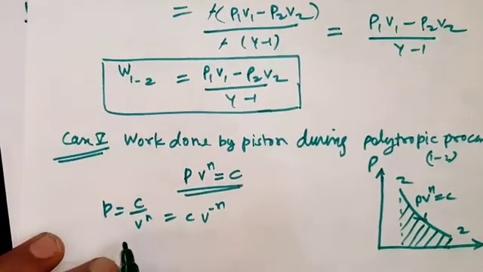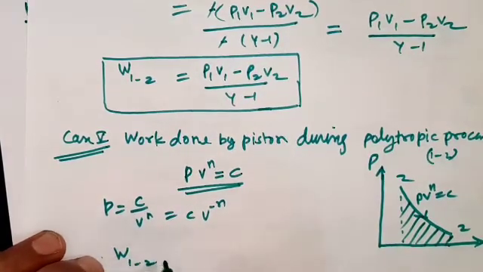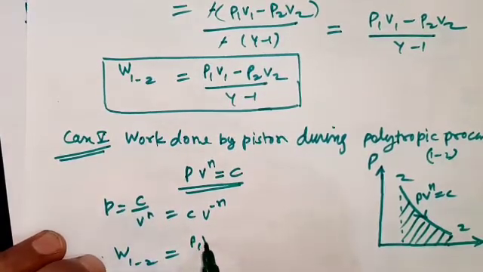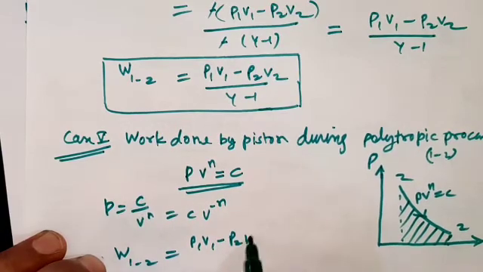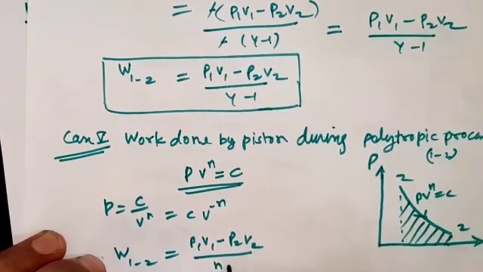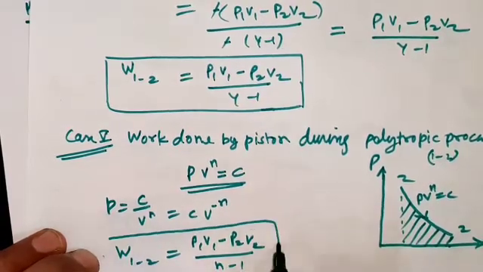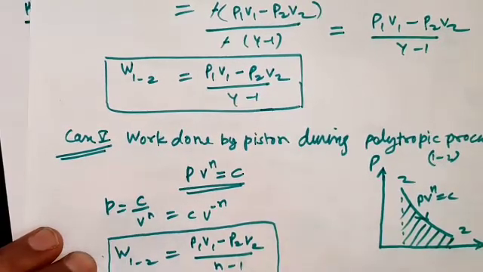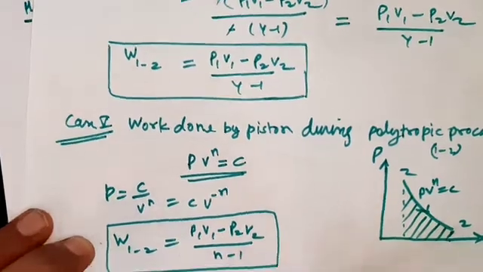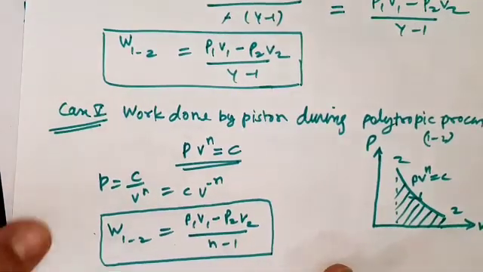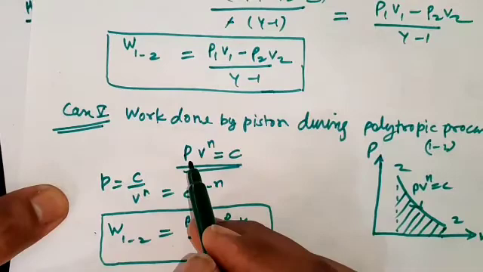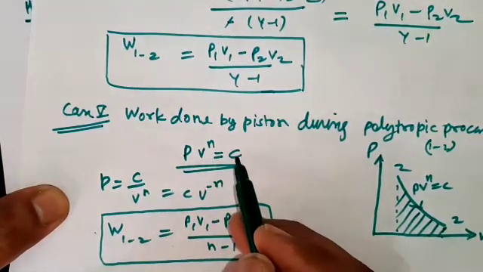Then we can say W1 to 2 is equal to P1 V1 minus P2 V2 upon n minus 1. So this is the work done by the piston for a polytropic process, because this is following the law PV to the power n is equal to constant.